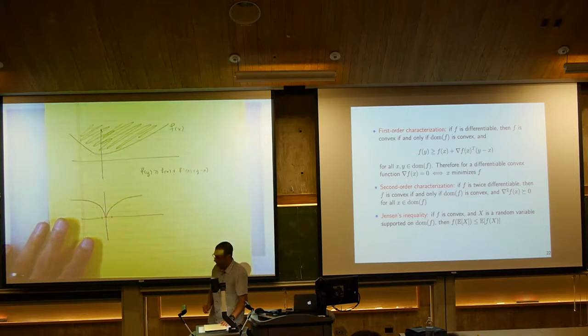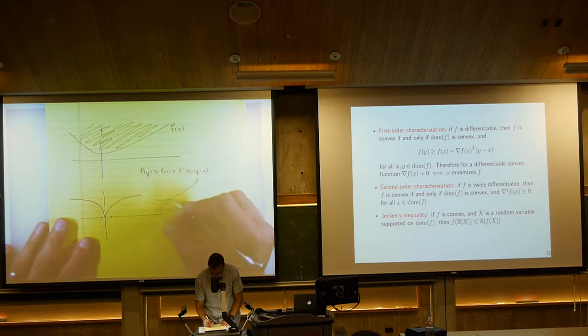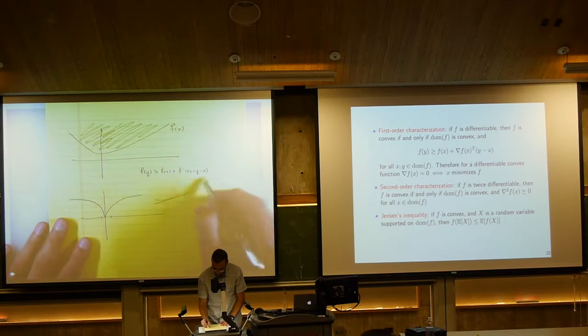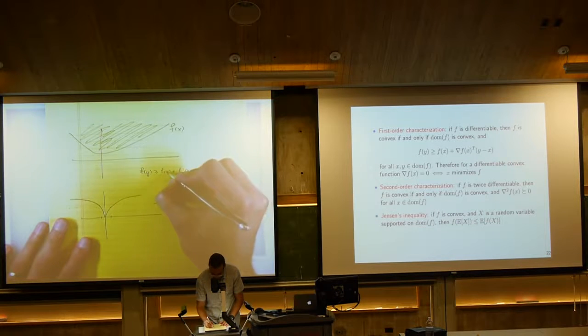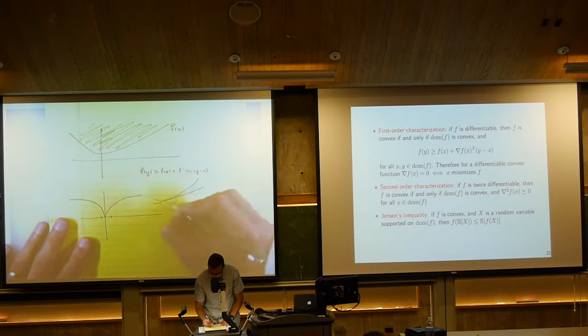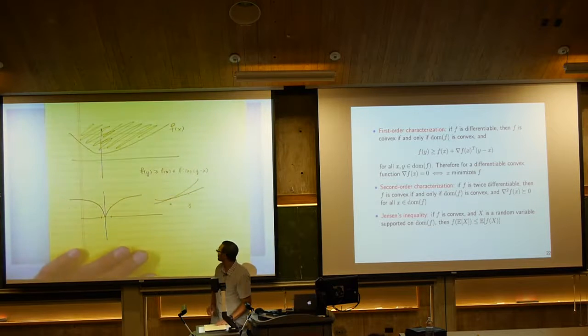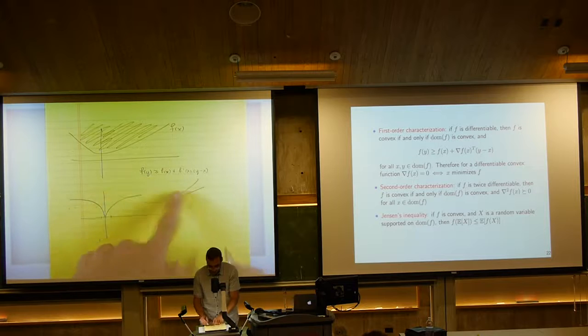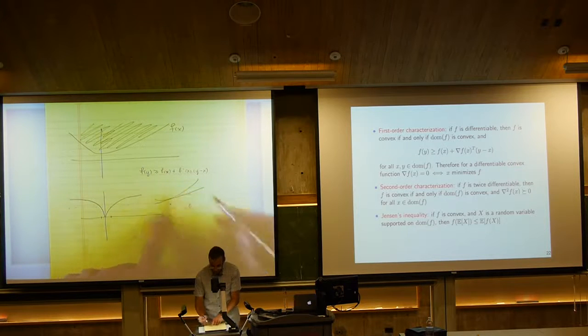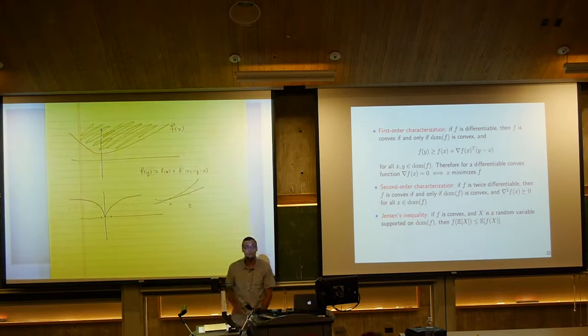If we take any point x and draw the tangent line through x, this gives us the tangent line as we vary y. This is the point x, say this is the point y. Then the function evaluated at y must lie above the tangent line. That's all it's saying. It's a necessary and sufficient condition for convexity.